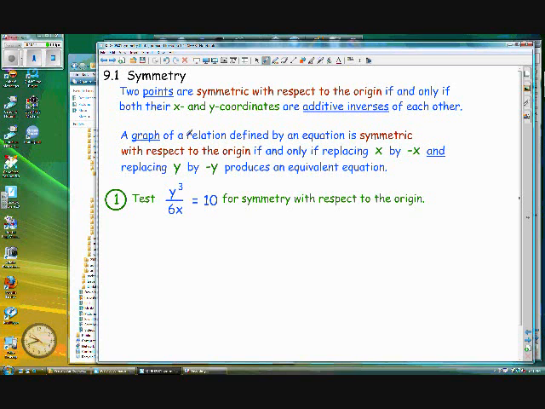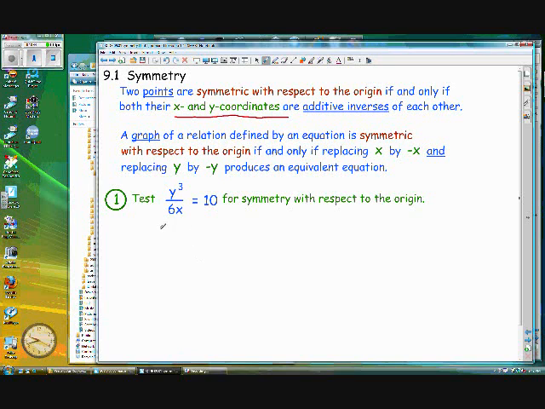Two points are symmetric with respect to the origin if and only if their x and y coordinates are additive inverses of each other. So in this case, we have to simultaneously put in the additive inverses.